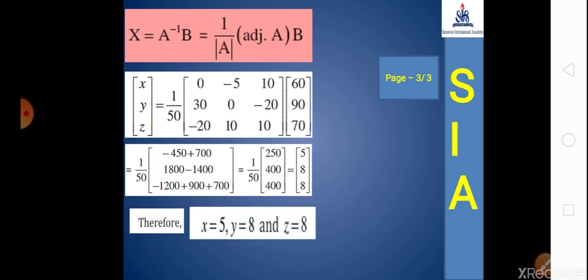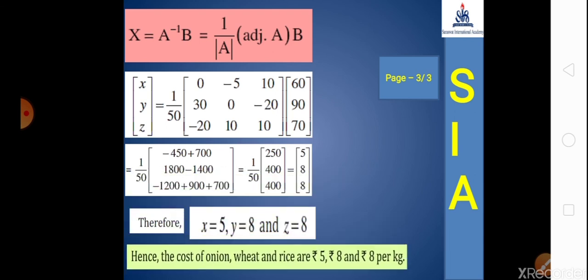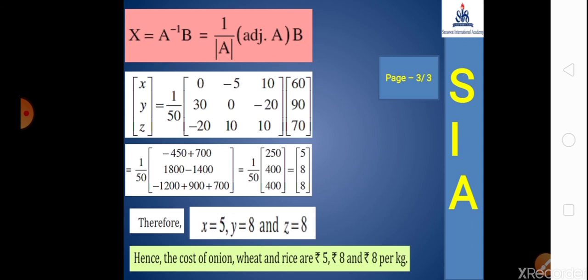So x is equal to 5, y is equal to 8, z is equal to 8. It means the cost of onion, wheat and rice is respectively 5 rupees, 8 rupees and 8 rupees per kg. It's a very cheap price. Continue. Here our sum is over. Students, these numericals are board questions and important sums.